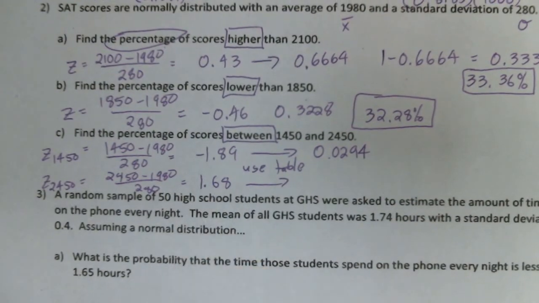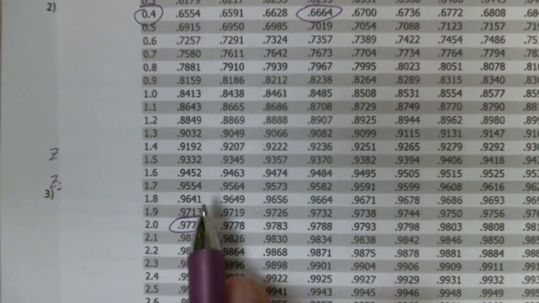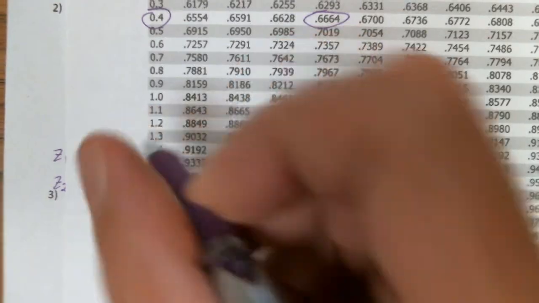Now I have to find the percentage for the 1.68. Okay, here's 1.6, and 1.68 is going to be this number right here, 0.9535. Sorry, y'all can't see that. Come on, there you go.